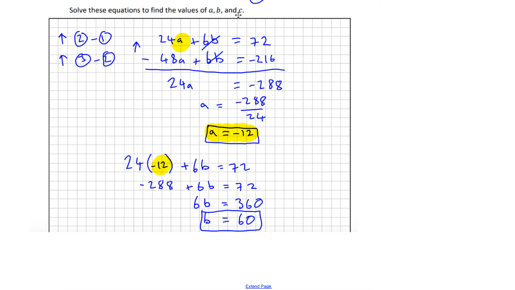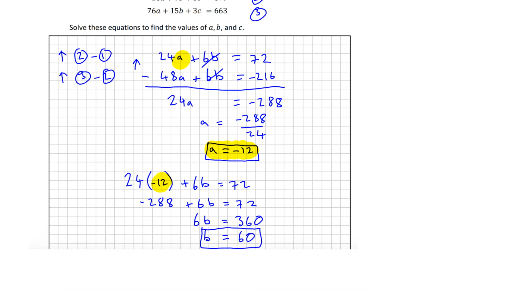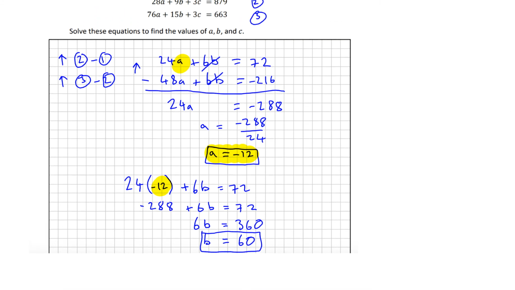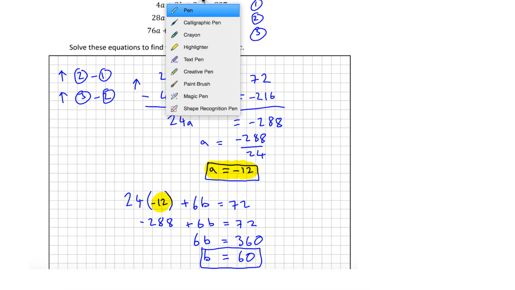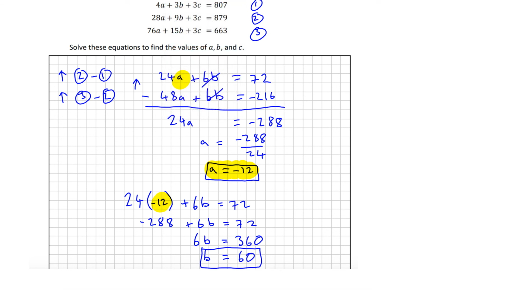So now I'm going to take that value of b and I'm going to plug that back in somewhere else. Sorry, I need to find c. So I'm going to have to plug this back into one of the original equations. Okay, so I'm going to plug it in here for that b there.